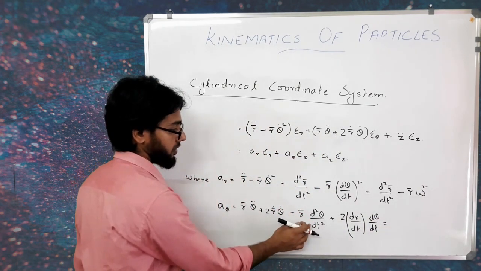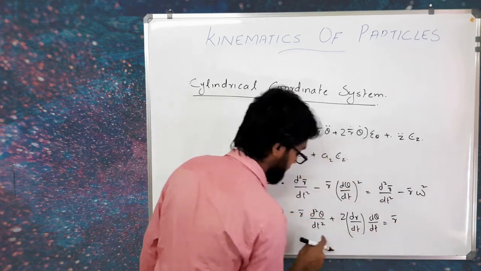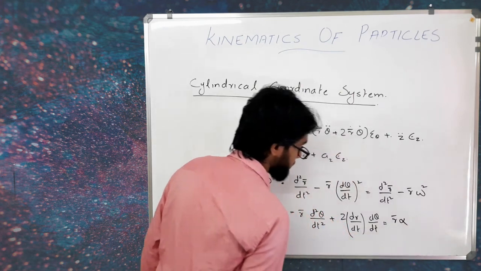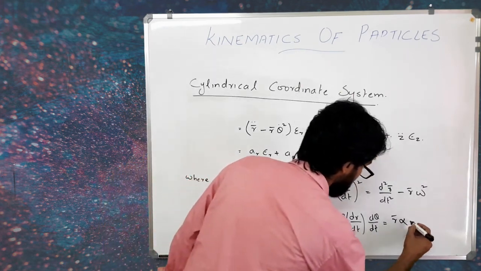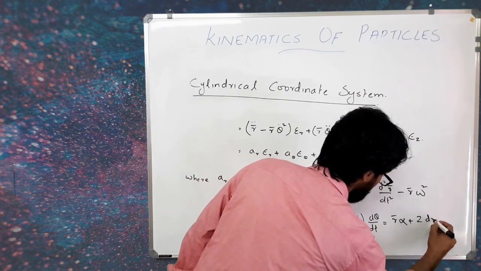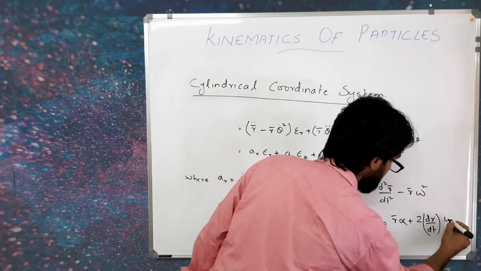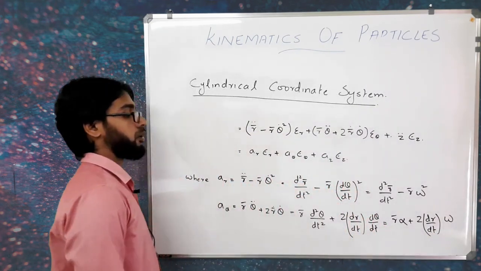This I can represent as r' into d square theta by dt square, which is actually angular acceleration alpha, plus 2 dr by dt into d theta by dt, which is omega, angular velocity.